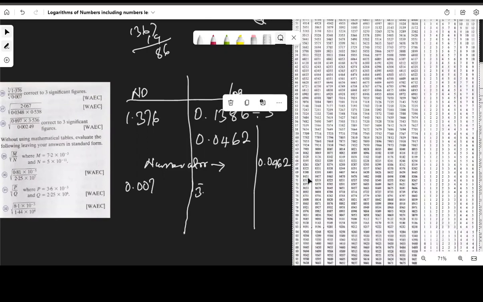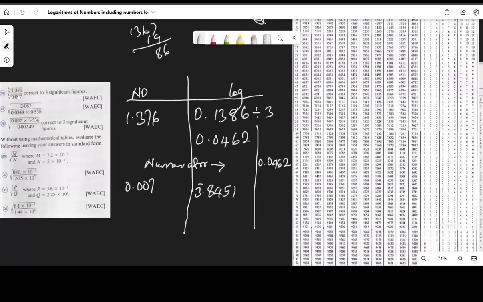The logarithm of 70 is 0.8451. Write that correctly. 70, yes, 8451.